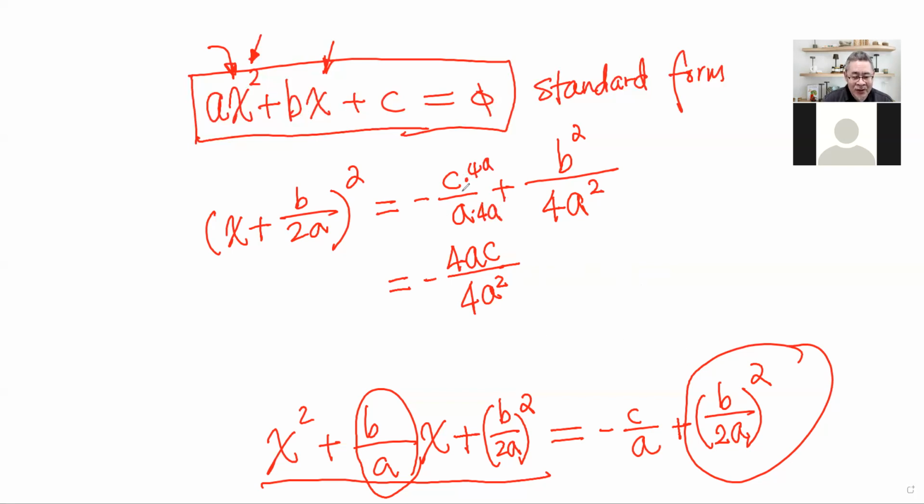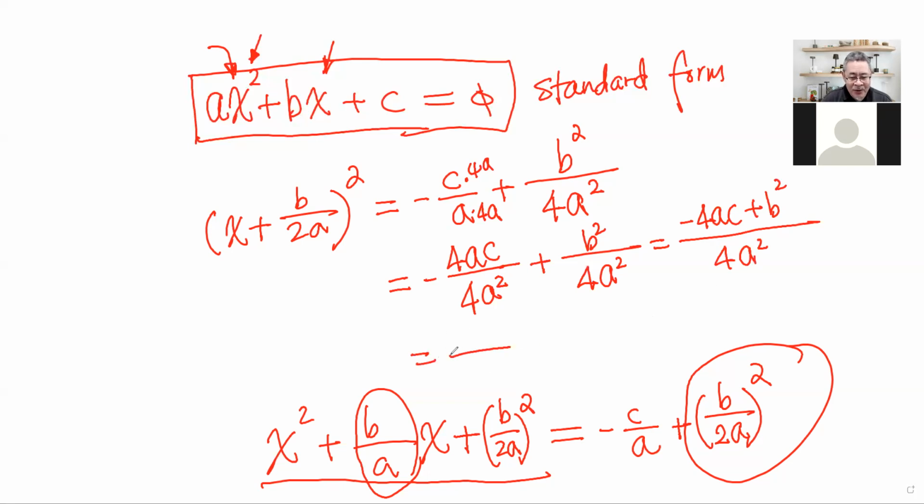So we changed this number to a different expression. Now we have the same denominator, and then we can combine them. This basically is minus 4ac plus b squared over 4a squared. Now, mathematicians like to put the positive in front, so they'll write it as b squared minus 4ac over 4a squared.